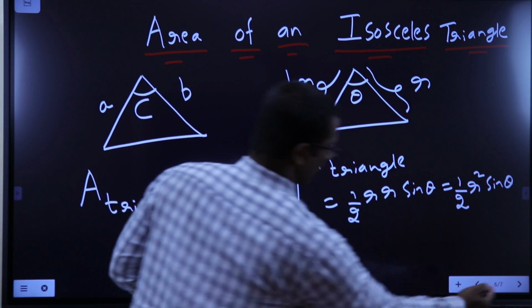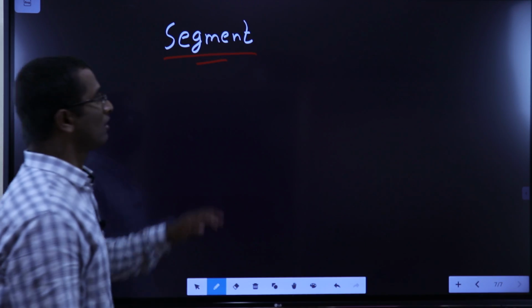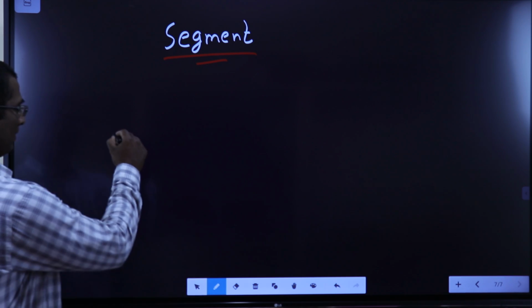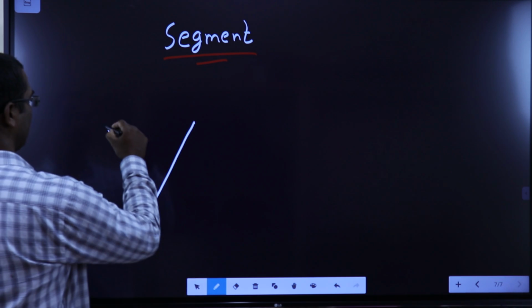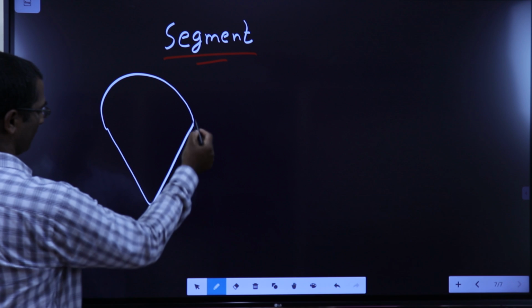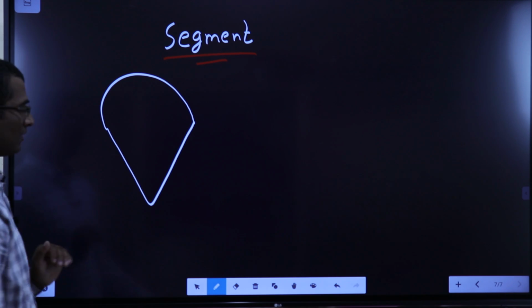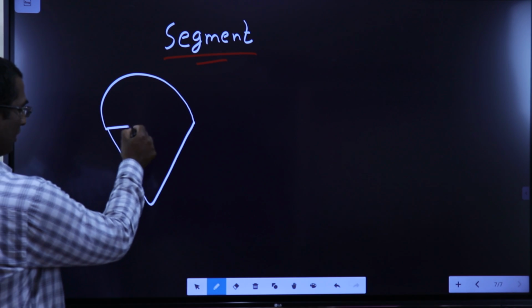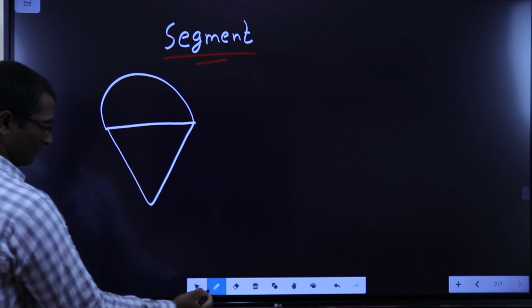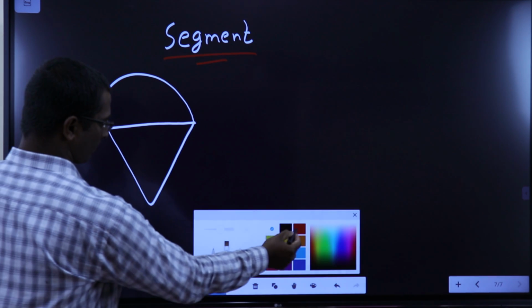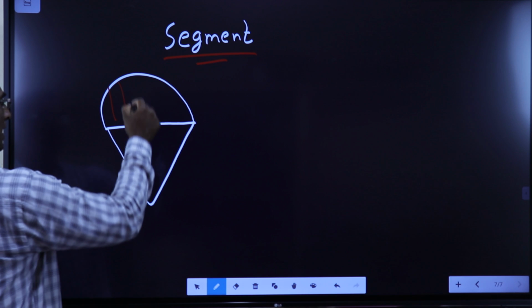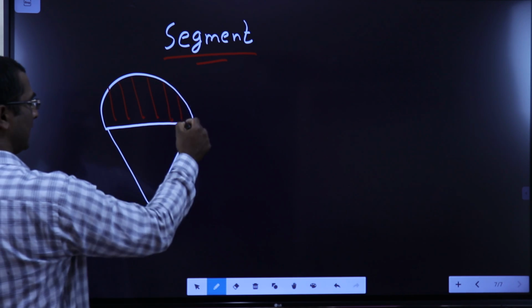Okay, let's go directly here. Now, segment. Let us say for a sector, this is a sector. If I draw a line over here, then this part we call to be the segment.